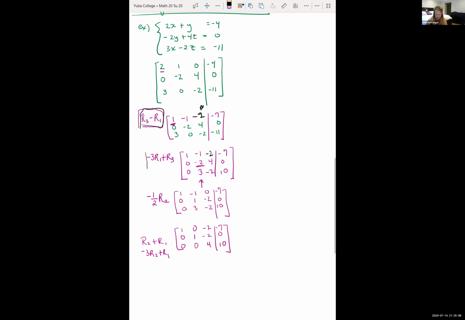Negative 3 times negative 2 is 6. 6 minus 2, this would have been 4. That's a negative 2. Just make sure. So that would be negative 1/2. That still works.